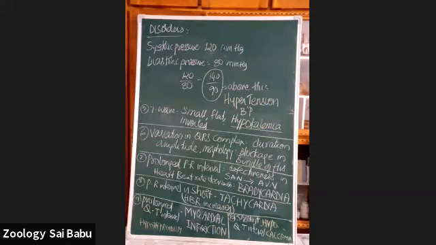If the systolic by diastolic pressure extends beyond 140 by 90, then we call it hypertension.